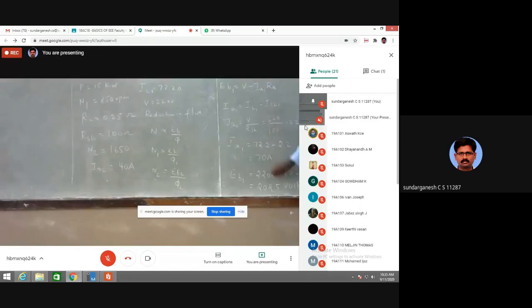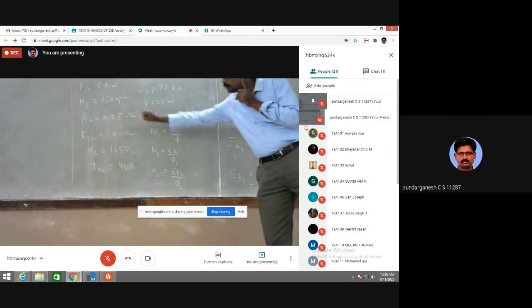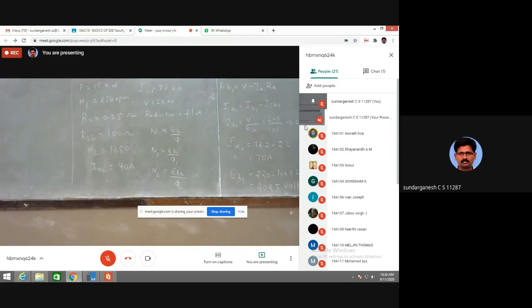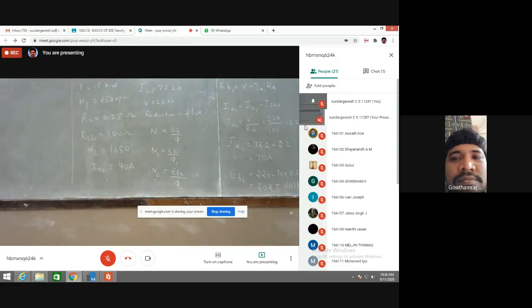V is 220, IA1 I have found out as 70, and RA is 0.25. When I draw the diagram, you can understand. Only 0.2 is visible, sir. 0.25 is not visible.